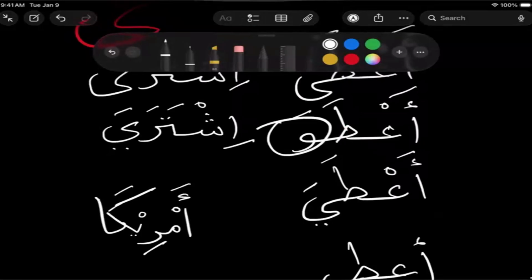That's the rule they say. So the asl is the wow, and it flips into a ya, and then the ya flips into an alif because it is moved and the letter before it has a fatha.